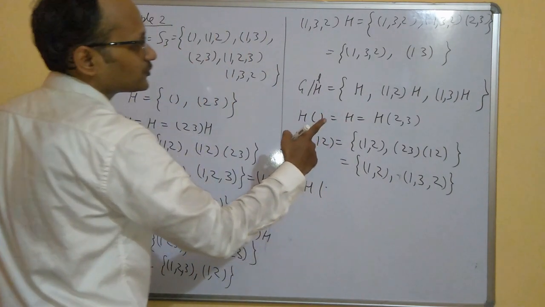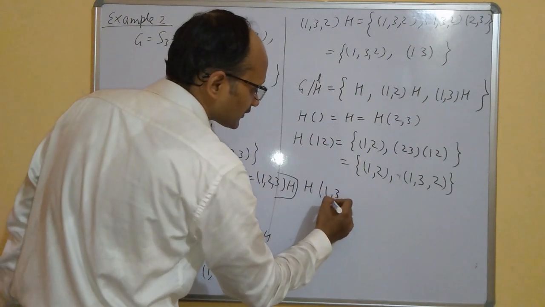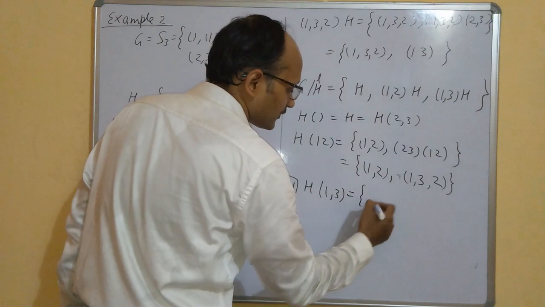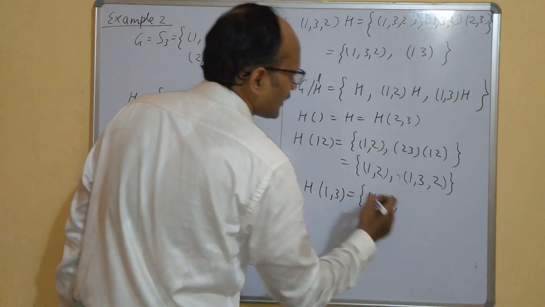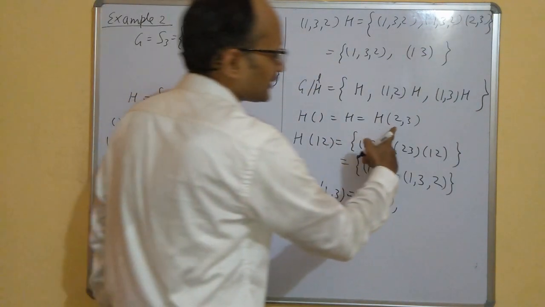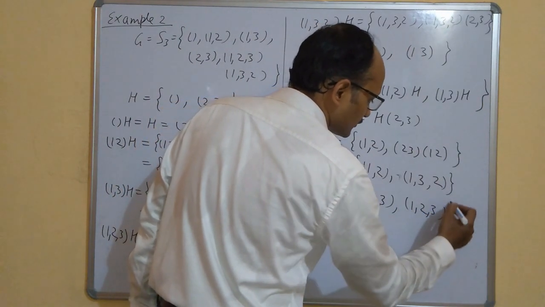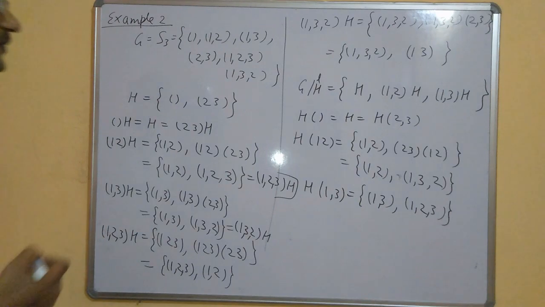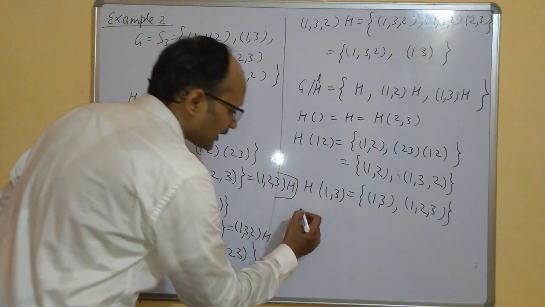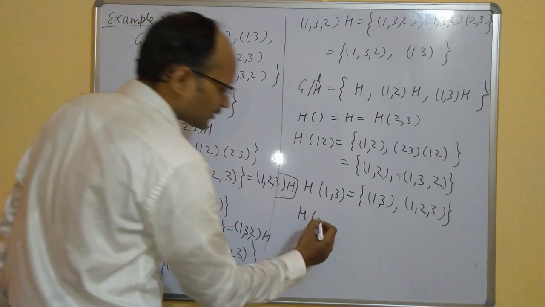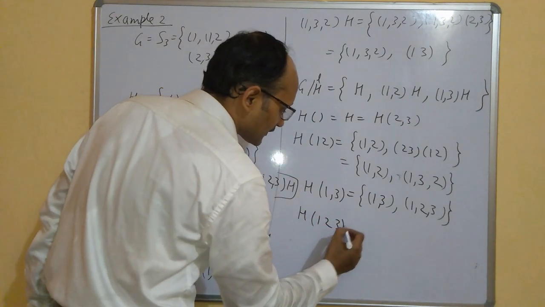Now come to another element, H(1 3). So H(1 3) is again (1 3), and when you multiply (1 3) and (2 3), you will get (1 2 3). So check it, not hard to check. Now what about H(1 2 3)? So let us take (1 2 3).